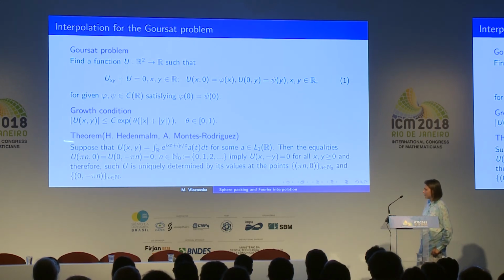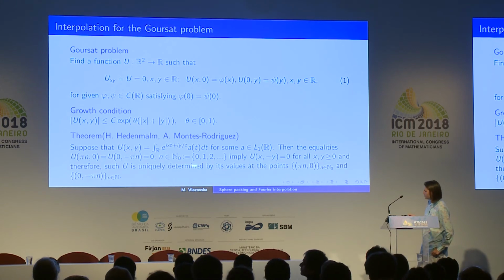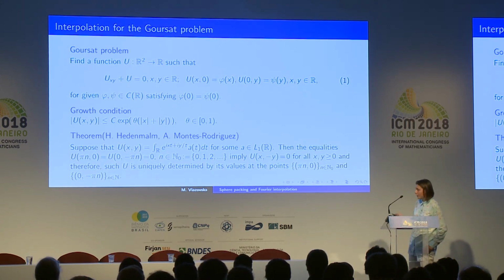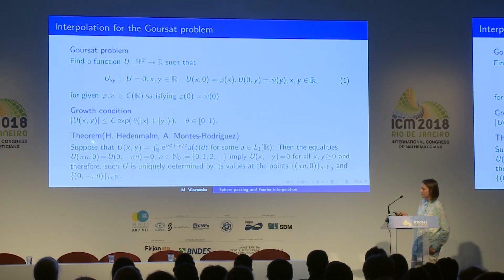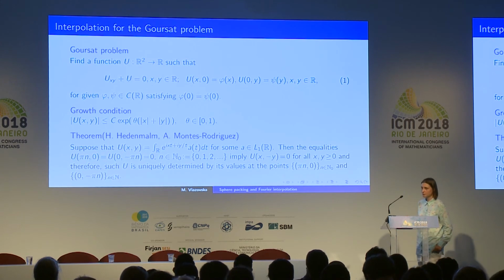They show that if a solution vanishes at all these points, it has to vanish in the whole plane. They also showed that there is actually a possibility of interpolation from these lattice points.